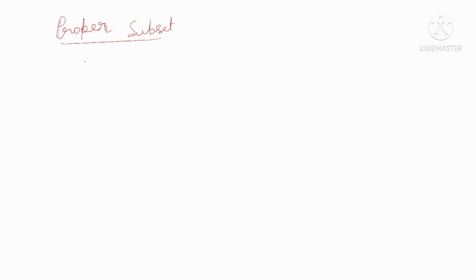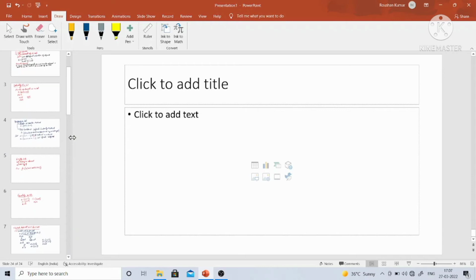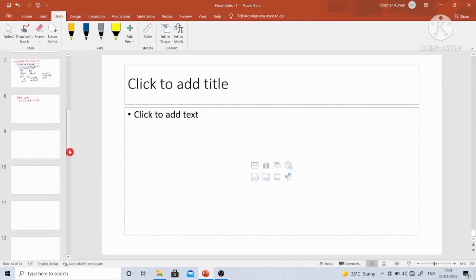So here by giving an example, now you can see set A is 1, 2, 3, and another set B is equal to 1, 2, 3, 4. Okay, so that much. Why is such a problem coming? Why is it moving again and again?